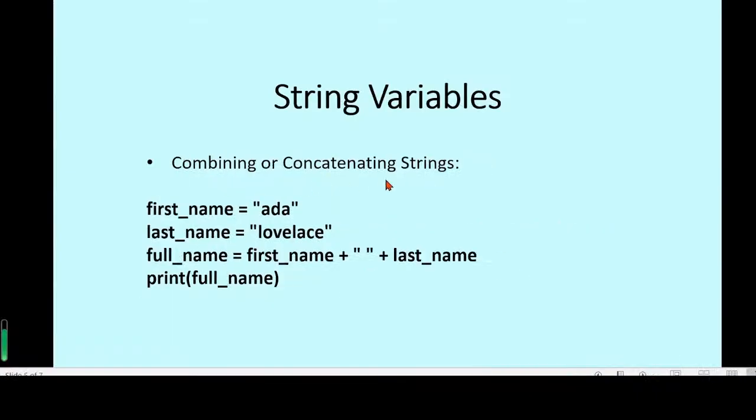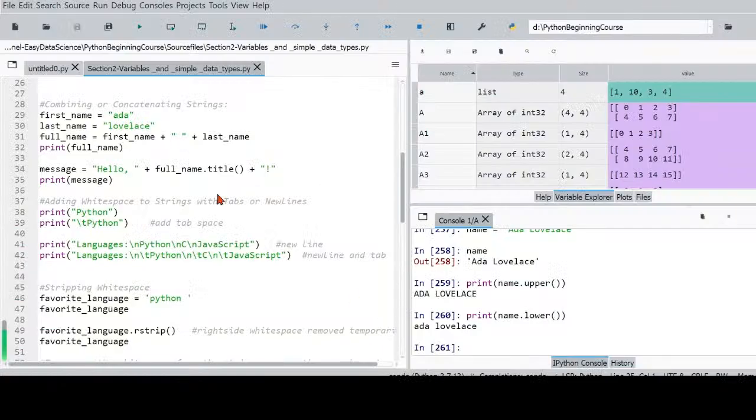Combining or concatenating strings. So this is a string first name, and this is a string for last name. So you can create a string called full name using first name plus a space symbol and with last name. Then you can print it out.